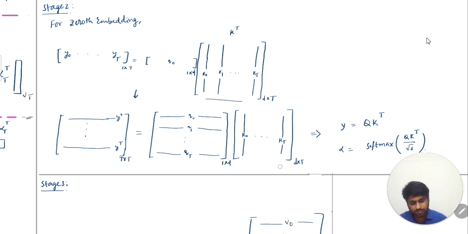Upon multiplying it with K transpose, we get a Y matrix. Now we can scale it with root d and apply softmax to get the alphas. All the weights of all the embeddings will be available in this alpha matrix in a horizontal way. The first row will have the weights for the first embedding, and the last row will have the weights for the last embedding.